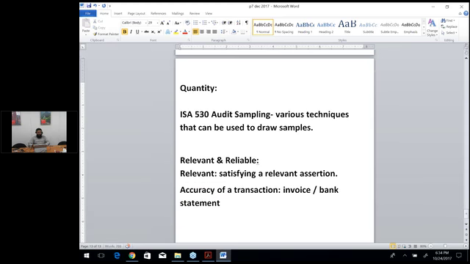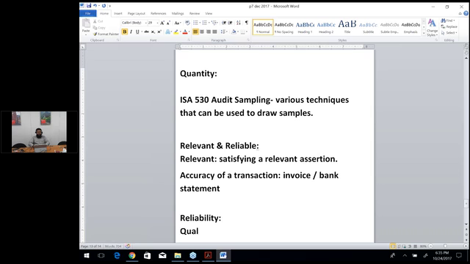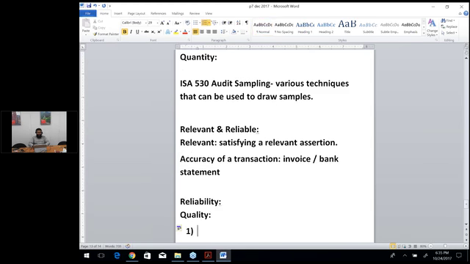And when we talk about reliability, reliability generally refers to the quality. And audit evidence in accordance with ISA 500 is more reliable when it has certain characteristics. And what are those characteristics? Number one, it is auditor generated.